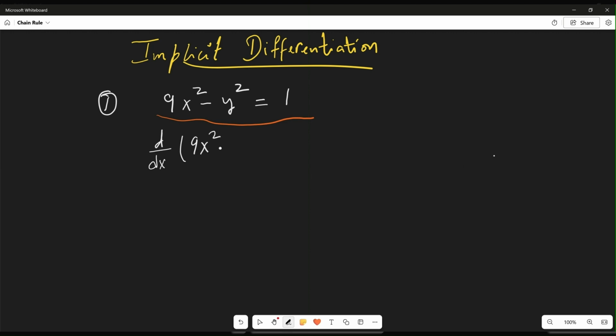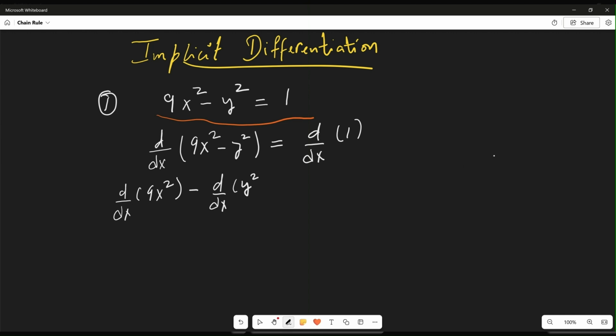Derivative of 9x squared minus y squared. Taking the derivative on both sides of the equation means taking the whole thing together, right? Now we can apply the differentiation rule here, correct? So this is simply the derivative of 9x squared minus the derivative of y squared, and this is already simplified.